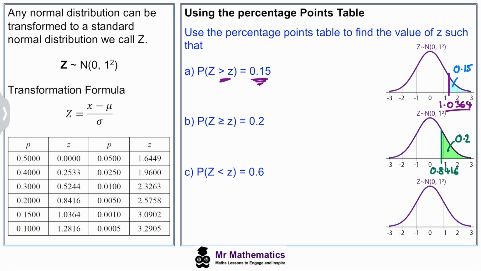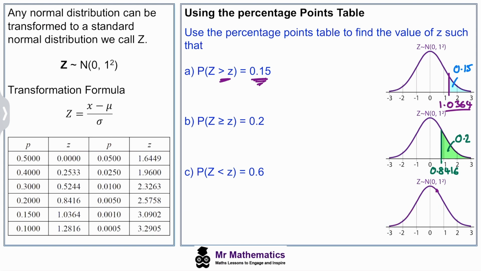And then finally, for part C, the probability that z is less than the observed value equals 0.6. But you can see from our table that the probabilities only go up to 0.5. But because this is less than z, we know we're starting from this point, and this must have an area of 0.6.